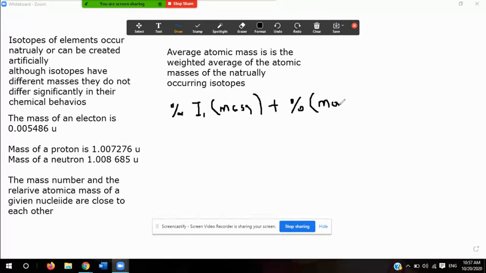And by mass, I mean the atomic or unified atomic mass.